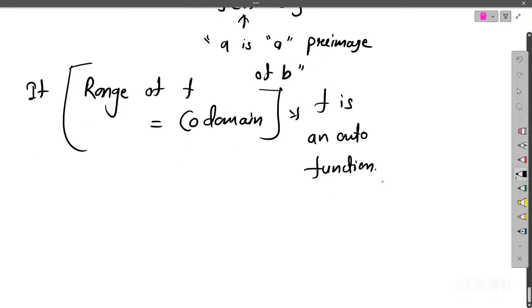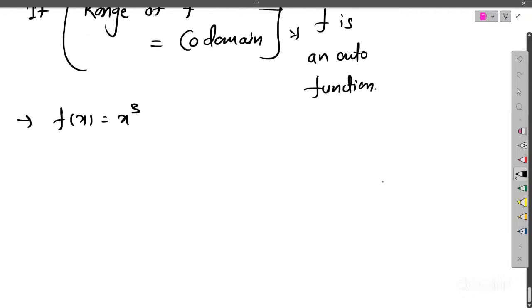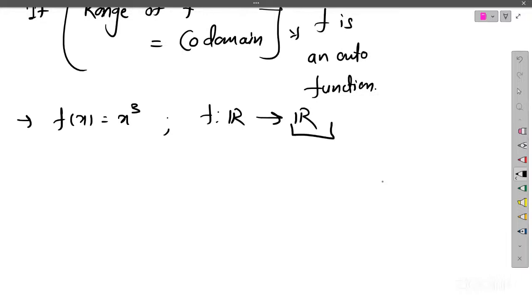For example, take f of x equals x cube. To check onto, we need to define the codomain of this function. Suppose it is a function from real numbers to real numbers, where the set on the right is the codomain. Then f of x equals x cube is an onto function.